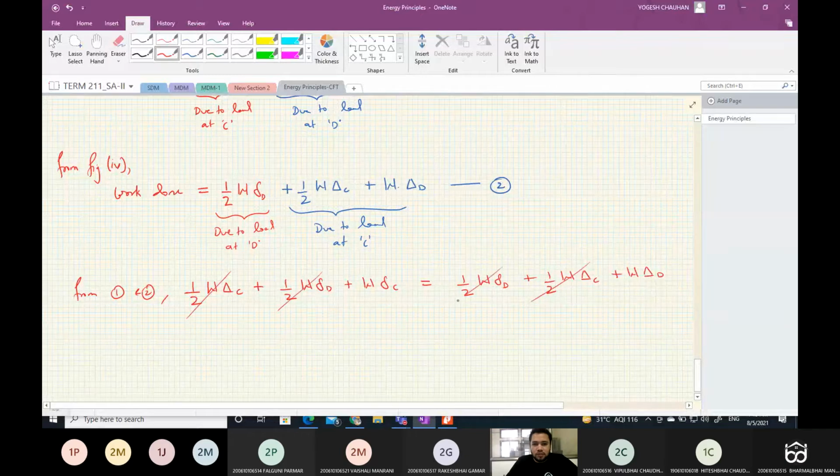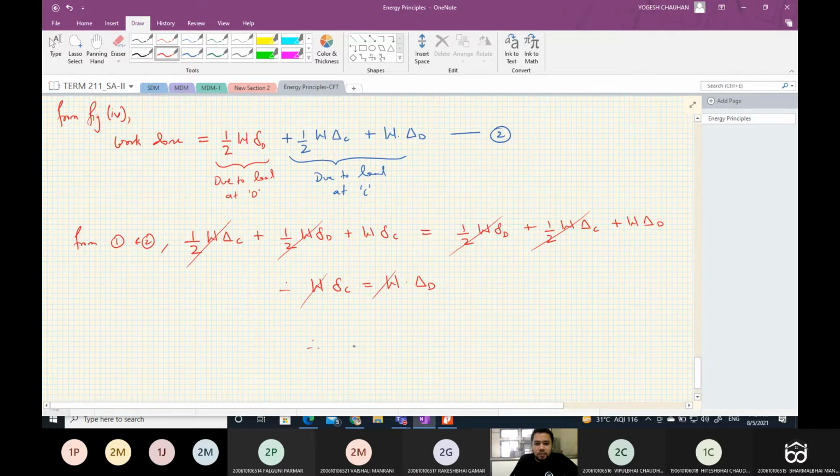This term and this term can be cancelled out. So we are left with W delta C is equal to W delta D. Again this W can be cancelled out. So we can say delta C is equal to delta D.